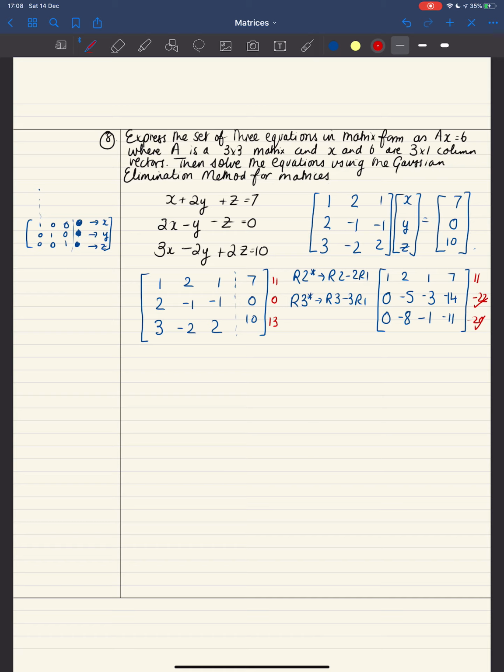Okay, so what we're aiming for, we've got these two in our first matrix transformation. The next thing we need to do is aim for a 0 there, and we've got a minus 8 there.